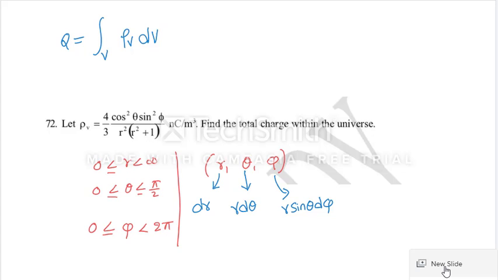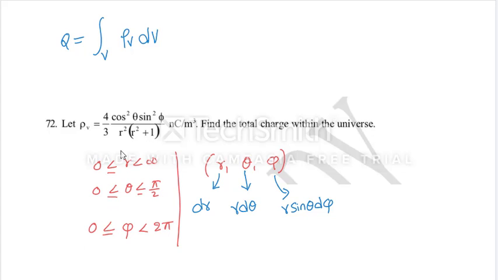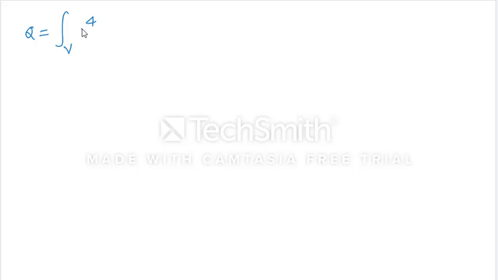Now we'll get this thing here. So the total charge q is given as volume integration of rho v. Nano is given, we use 10 power minus 9 at the last. That is 4 by 3 into cos squared theta sin square phi by r square into r square plus 1, and dv.